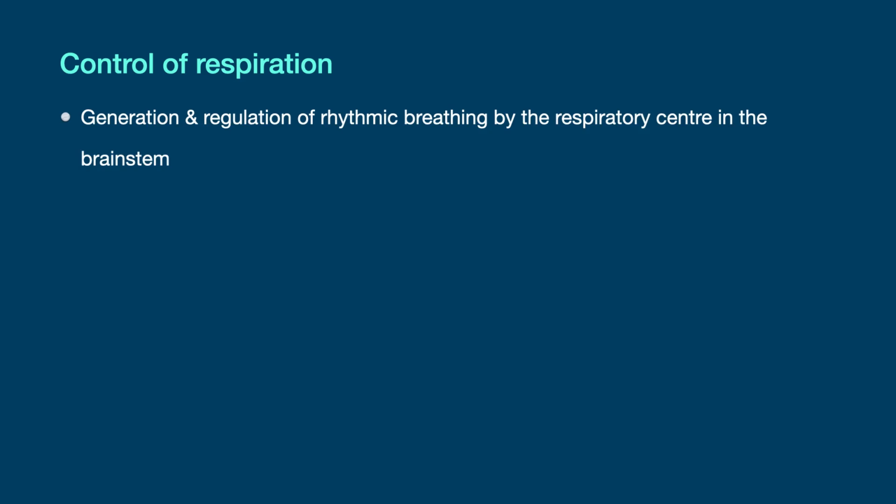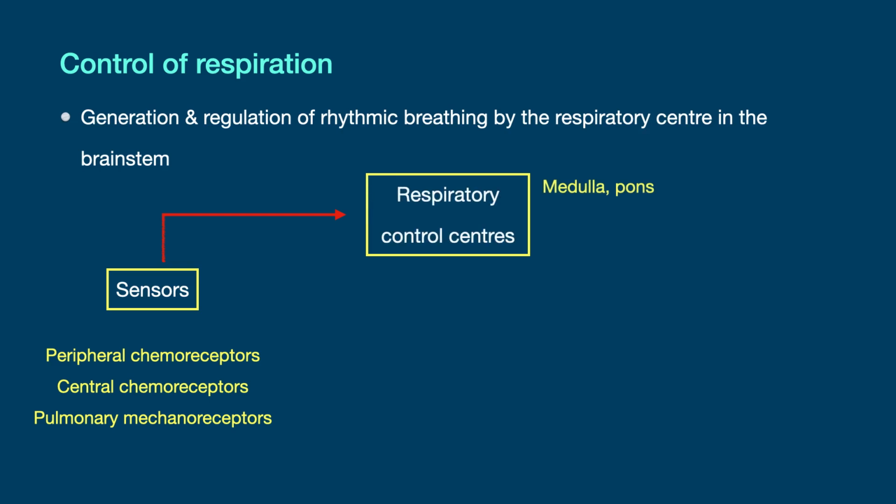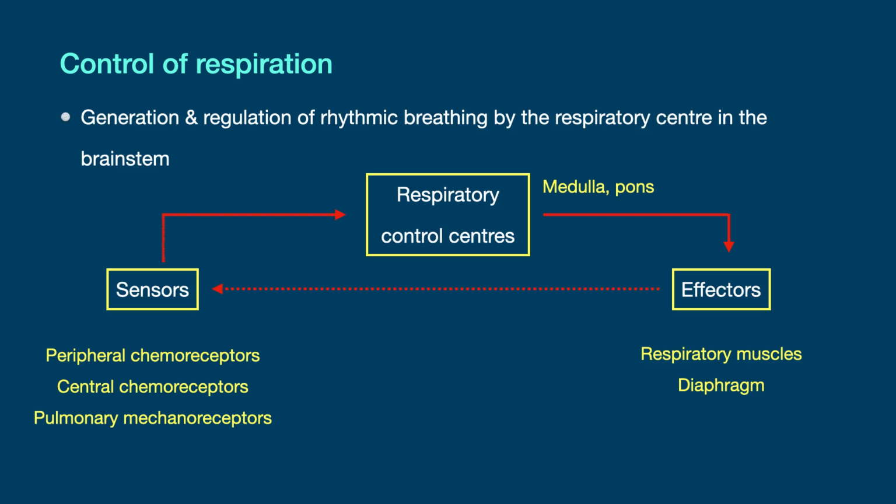The ventilatory control system consists of three basic elements: the sensors, which are peripheral and central chemoreceptors and pulmonary mechanoreceptors; the central controller, which is the respiratory control center located in the brain that integrates and coordinates the information and sends signals to the effectors, the medullary center located at the lower pons and the pneumotaxic center located at the upper pons; and lastly, the effectors themselves, which are the respiratory muscles, including the diaphragm, that produce changes in the ventilatory pattern.